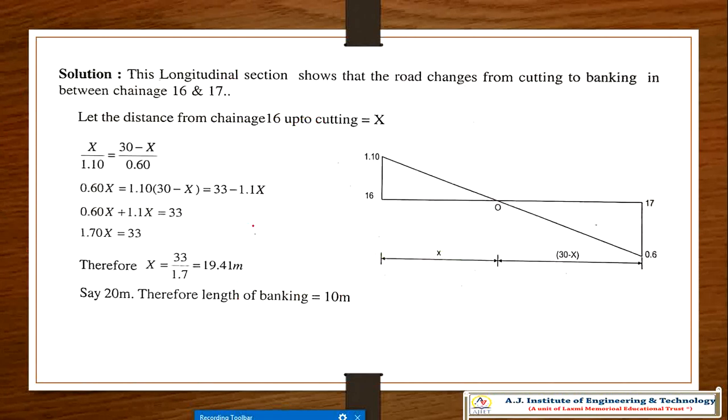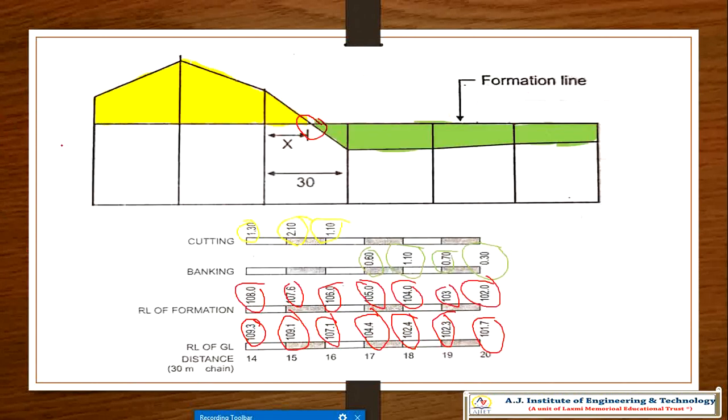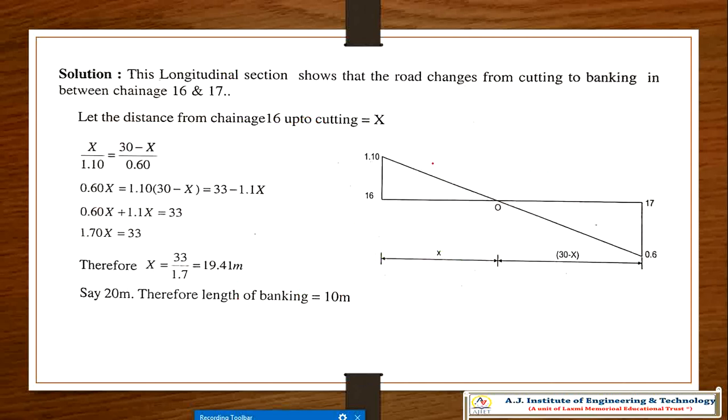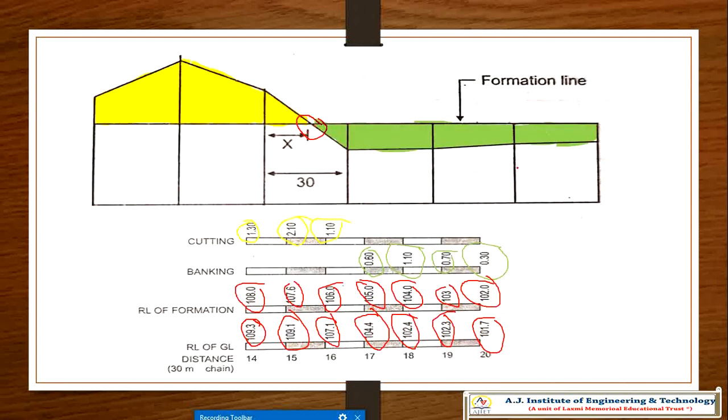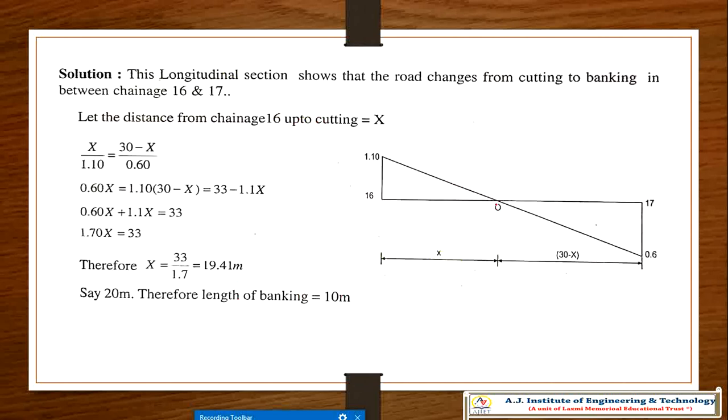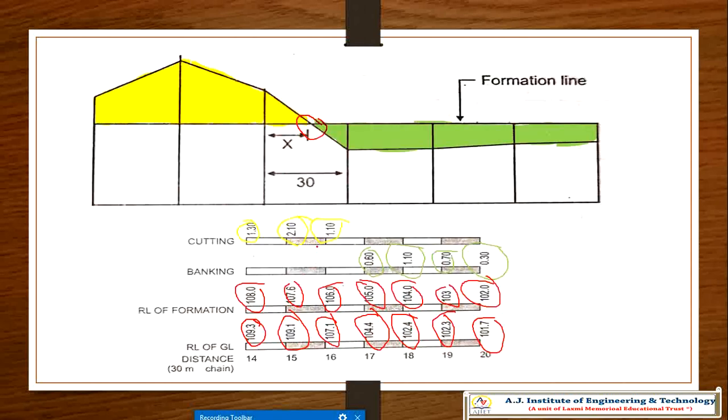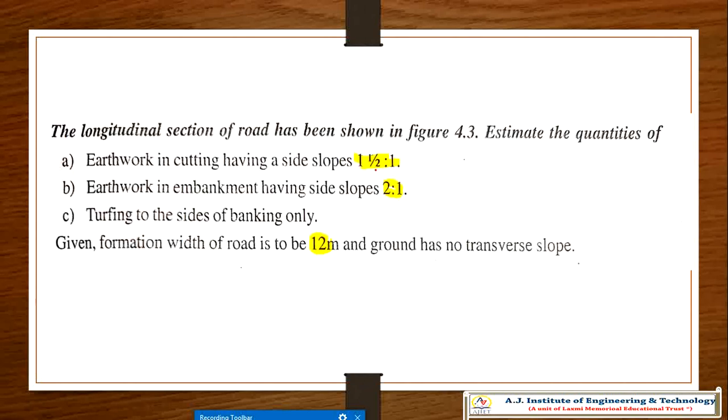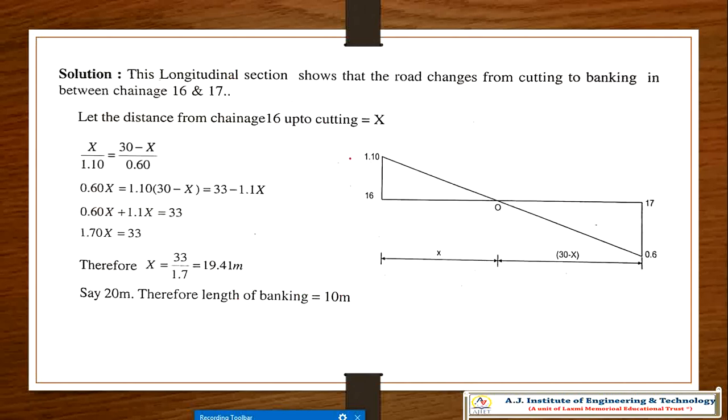So how does the interpolation method work? Take that line. You know that this is 0, because at the center the ground line and formation line are meeting. Actually there is no depth; it is 0. But at the 16th chainage, the depth is 1.10. Right? This depth is 1.10.